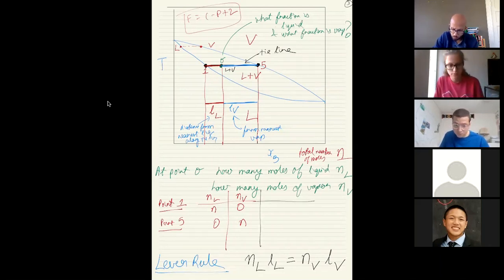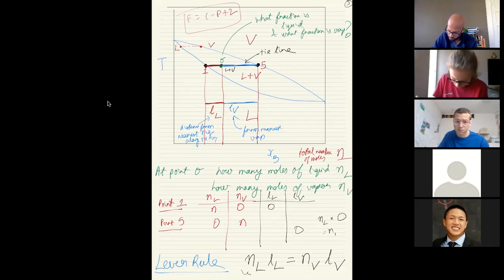At point 1, what is LL? The distance from the nearest liquid is 0, correct? At point 5, what is LV? It is 0. So if you go to point 1 and use this relation, you are getting NL multiplied by 0 is equal to NV multiplied by LV.